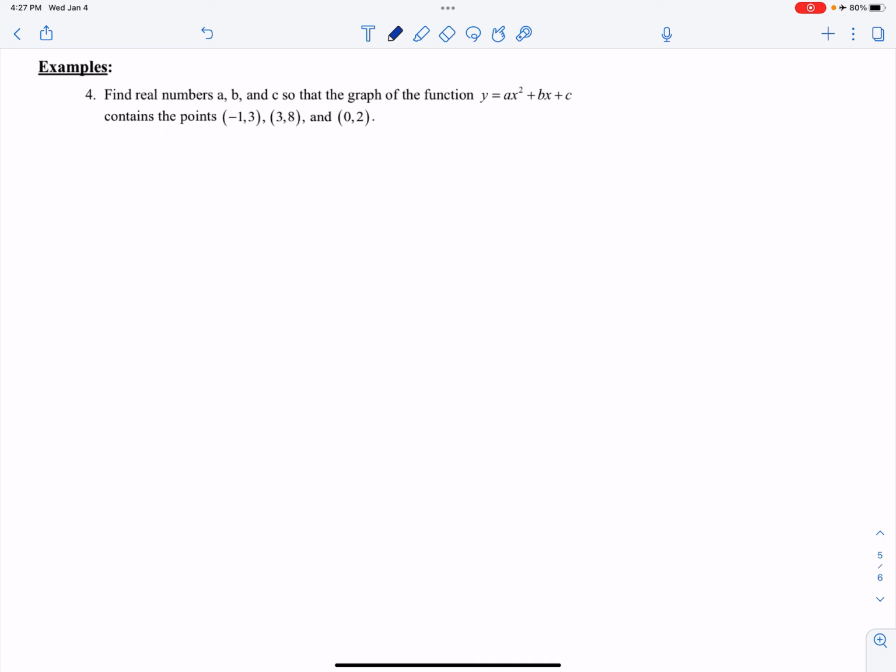So if we plug these points in, everywhere we see an x and a y, 3 equals a times negative 1 squared plus b times negative 1 plus c would give us 3 equals a minus b plus c.